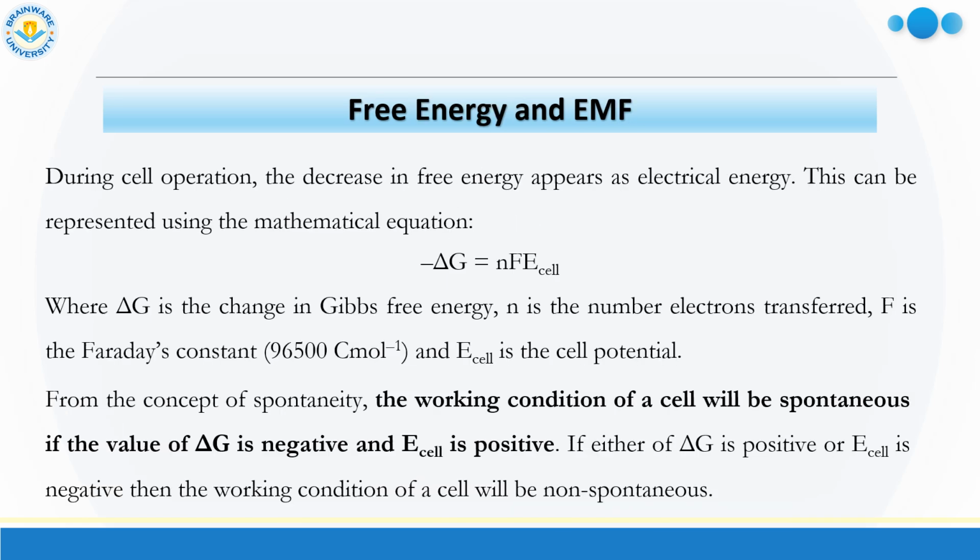Let us discuss a very important topic, the relation between the free energy and EMF of a cell. During the operation of a cell, the decrease in Gibbs free energy appears as electrical energy.